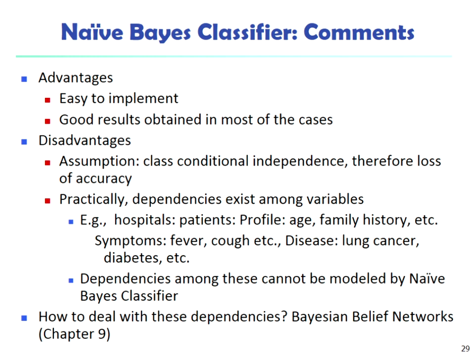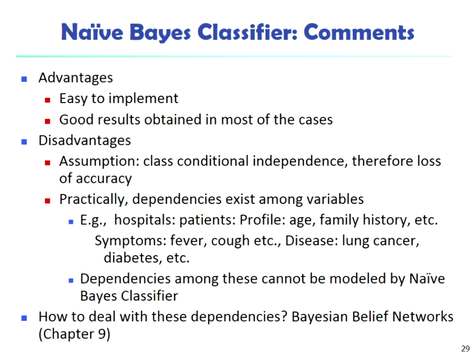So there are many advantages of the naive Bayes classifier. It is easy to implement and it provides good results in most of the cases. But the disadvantage is the assumption, class conditional independence, therefore loss of accuracy, and practically dependencies exist among variables.